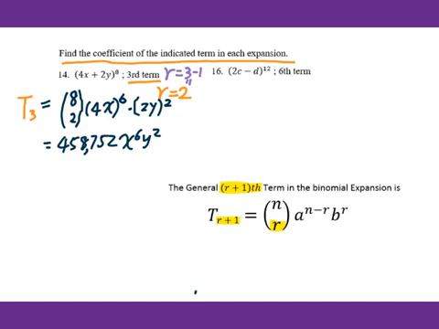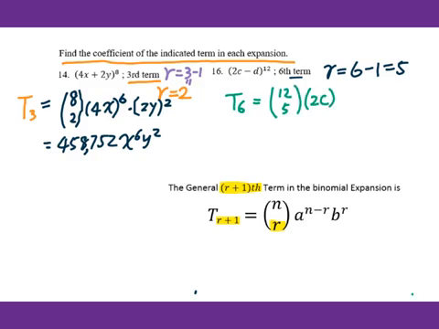For number 16, sixth term, that means r equals 6 minus 1 equals 5. Therefore, sixth term equals 12 choose 5, 2c, do the 12 minus 5's power, times negative d, do the 5th power.